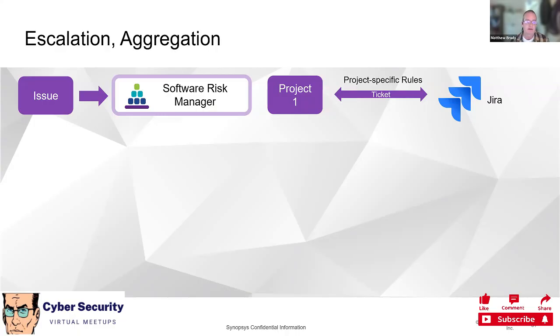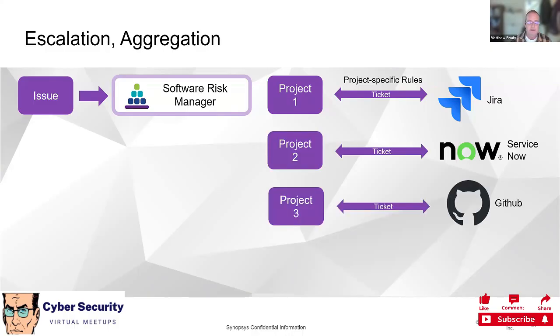So in project one, you would set up a connection to a Jira project to say that's my Jira project, and you can put project-specific rules, which you will need in Jira because it's far too configurable. It'll have different statuses by project. So you can say, this is what you need to do with this ticket for this project, or you could use more global rules. But again, you can do that heterogeneously across multiple ticketing systems. For example, ServiceNow, GitHub, and Azure DevOps and GitLab are also supported, okay?